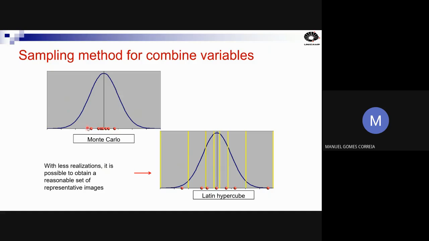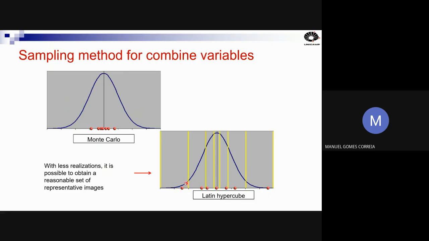If you are not lucky, maybe Monte Carlo will select all images on, like, this left side, imagine, okay? But with Latin hypercube, with only 200 or 300 images, it normally selects equiprobably from the left side and the right side, okay?